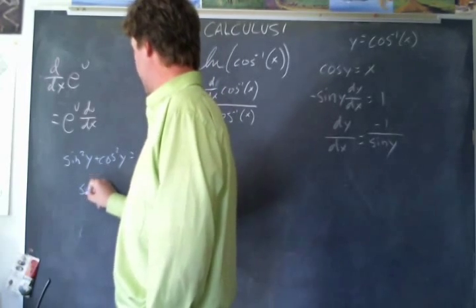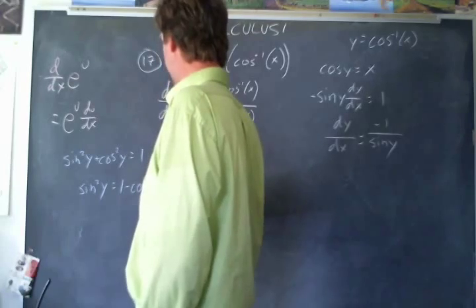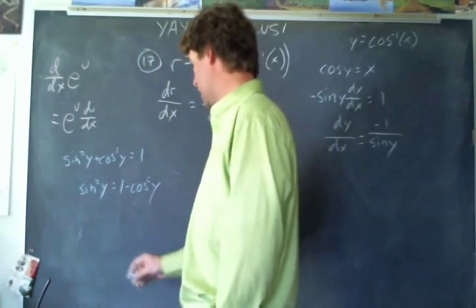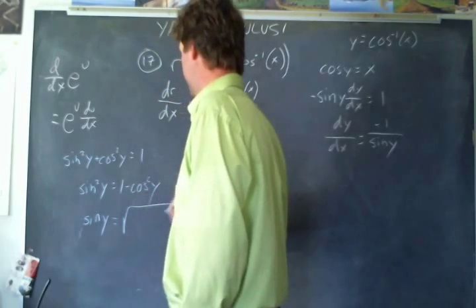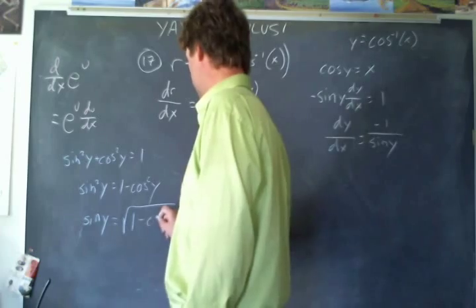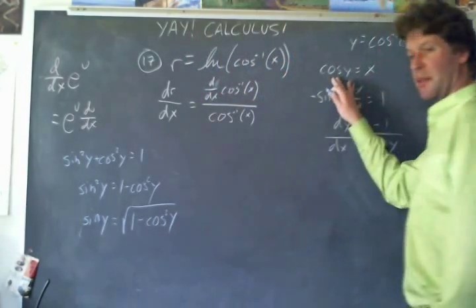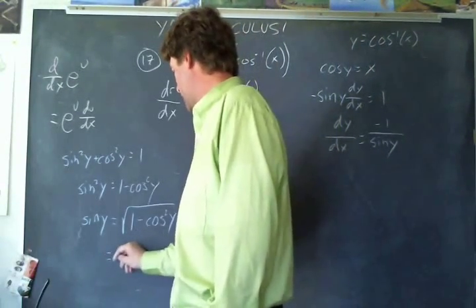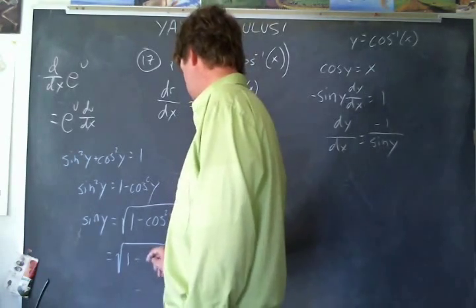That means the sine squared of y equals 1 minus the cosine squared of y. And so the sine of y equals the square root of 1 minus cosine squared of y. We're aware that the cosine of y is equal to x. That means the sine of y equals the square root of 1 minus x squared.